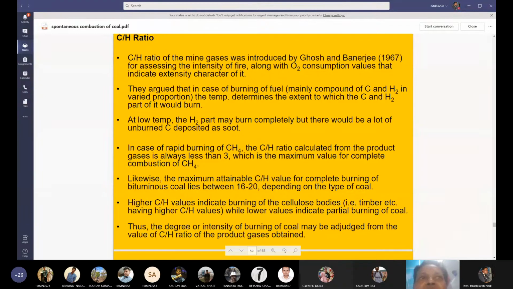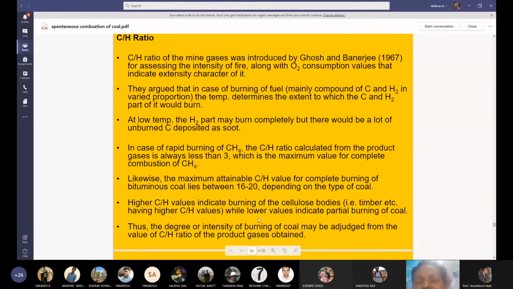Thus, the degree or intensity of burning of coal may be known from the value of the C by H ratio of the product gas obtained after the coal mine fire.